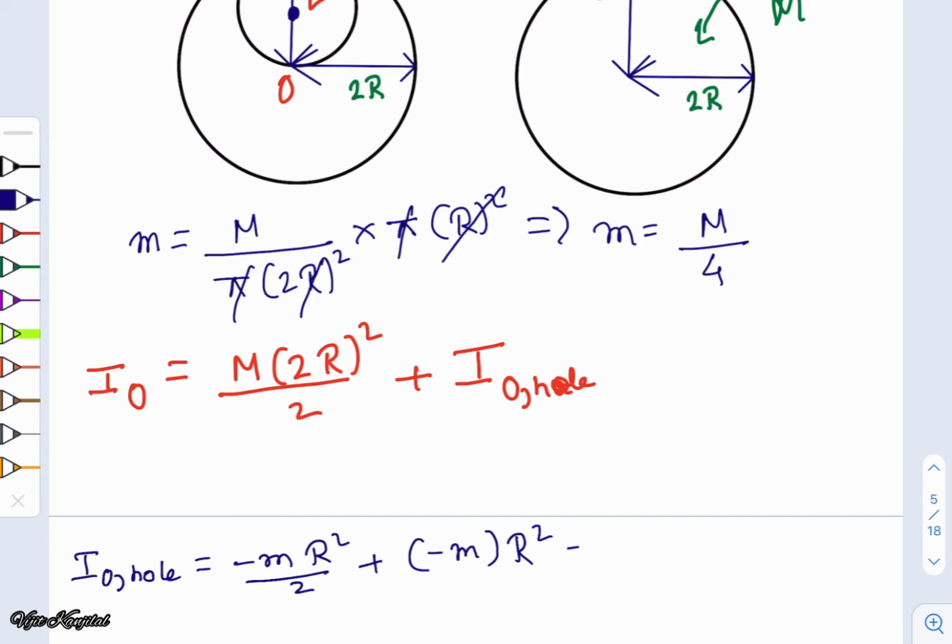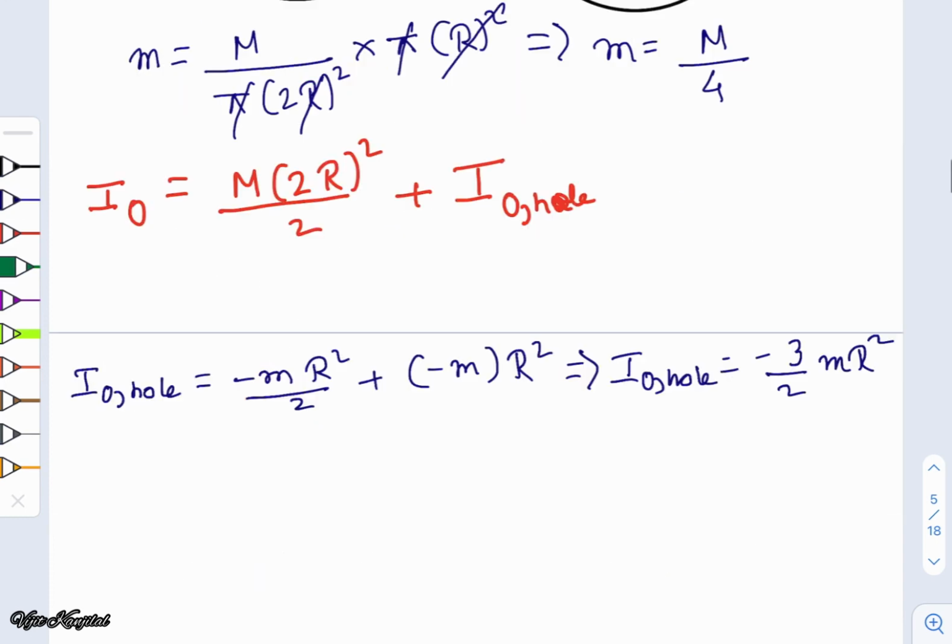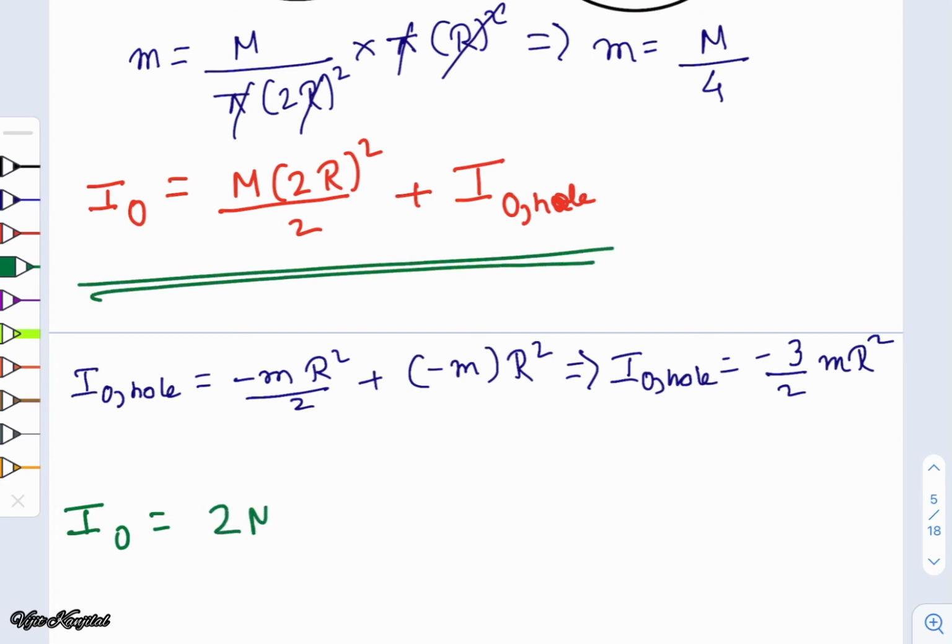So what do we get? IO hole as minus 3 by 2 m r squared. So IO is simply, let us simplify this expression, 2 M r squared minus 3 by 2 m r squared.